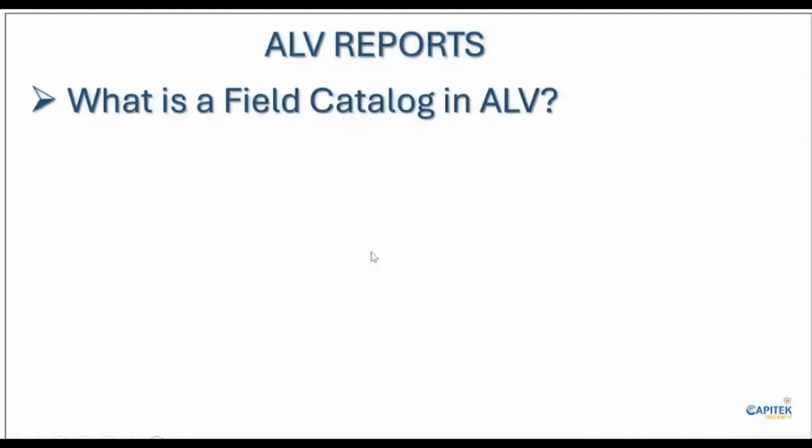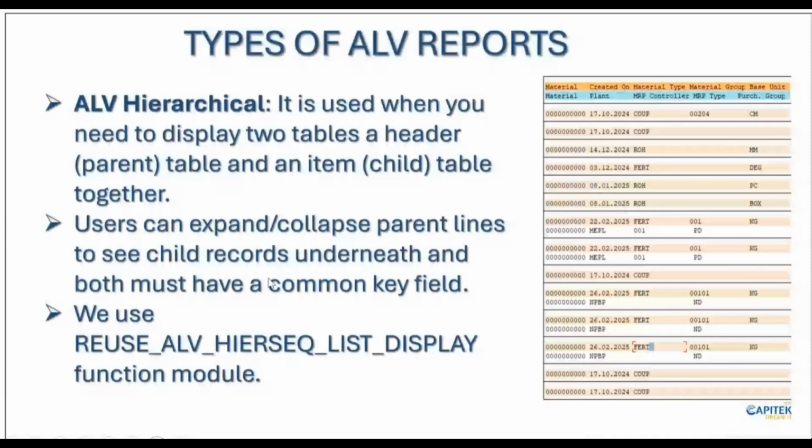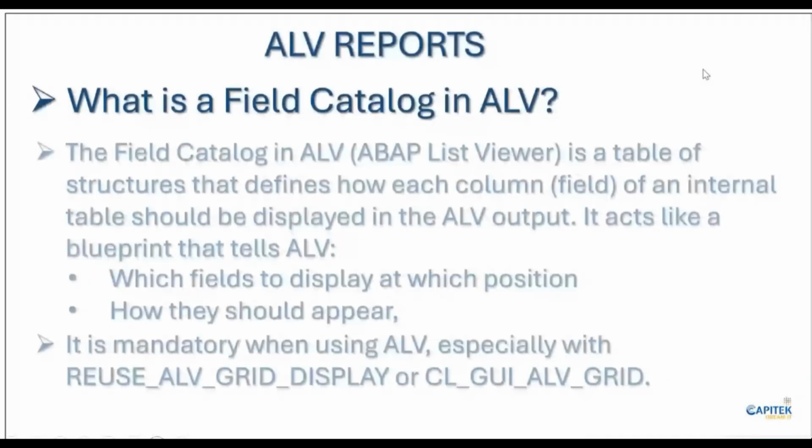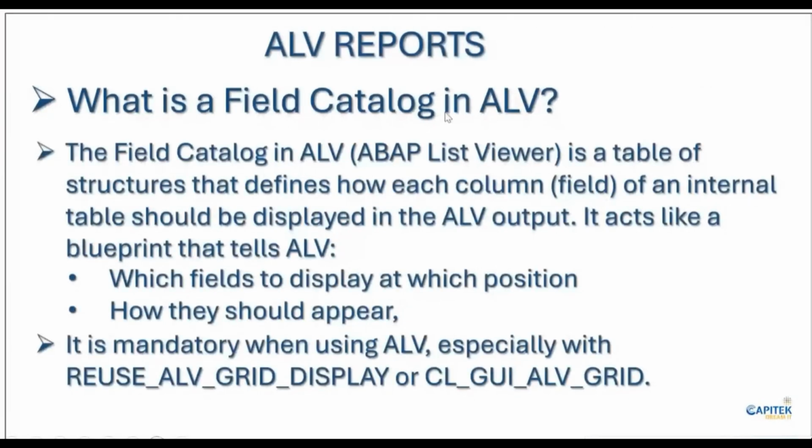So when we are talking about all these reports, what is the process that will be followed in ALV to display the data in this format? Basically, we have something called the field catalog. This is a new concept in ALV.